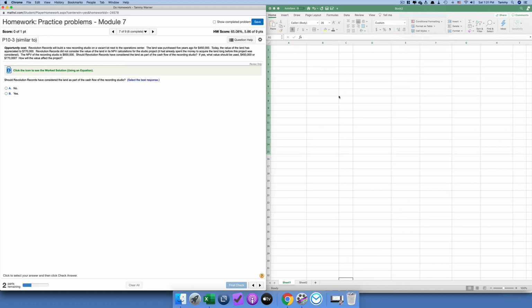Revolution Records did not consider the value of the land in its NPV calculations for the studio project because it had already spent the money. Okay, the net present value of the recording studio is $600,000. Should they consider the land as part of the cash flow of the recording studio? And if so, then what value should be used, 450 or 770?